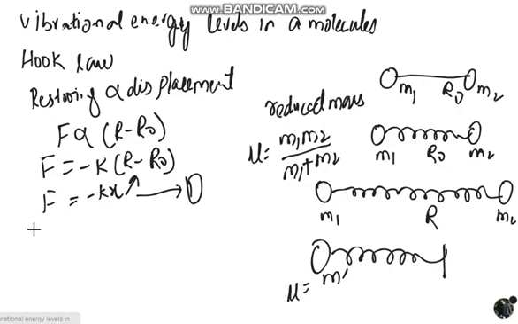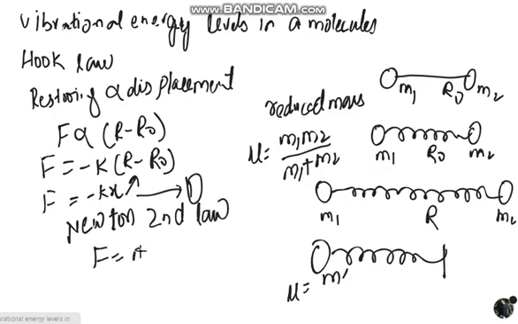Now according to Newton's second law of motion, F is equal to ma, and instead of m we can use the reduced mass mu, and a is equal to d square x divided by dt square.